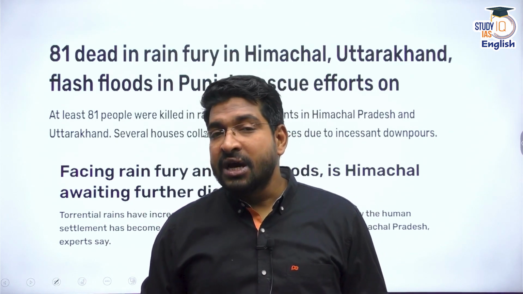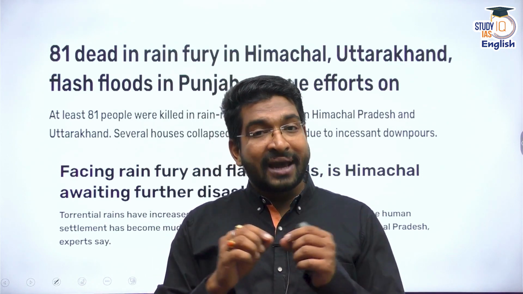But that would be a very simple explanation. In this lecture, we'll try to dissect this issue and understand the bigger picture. We'll also try to understand whether we are awaiting further disasters in the northern Himalayan states. That is going to be the complete agenda of our discussion today.